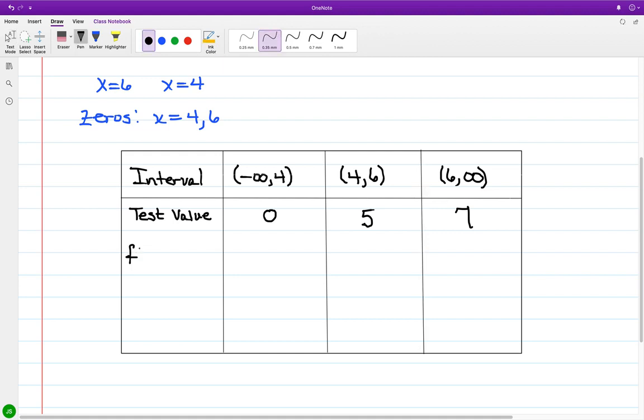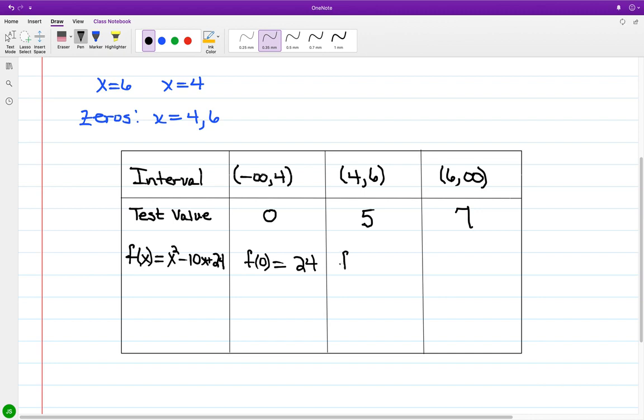When we rewrote the inequality in terms of comparison to 0, we had the trinomial x squared minus 10x plus 24. Testing out the first of the subintervals, we have f of 0. If x is 0, you have 0 minus 0 plus 24. So f of 0 is equal to 24.